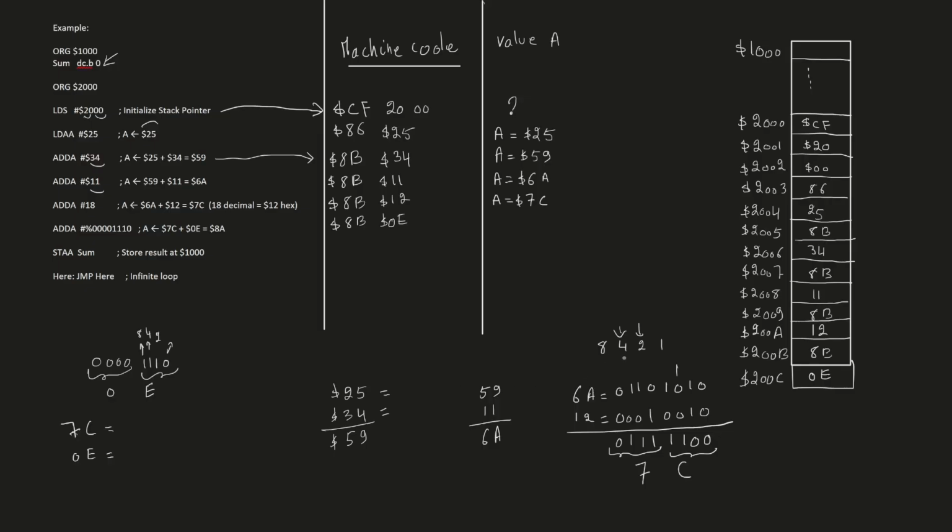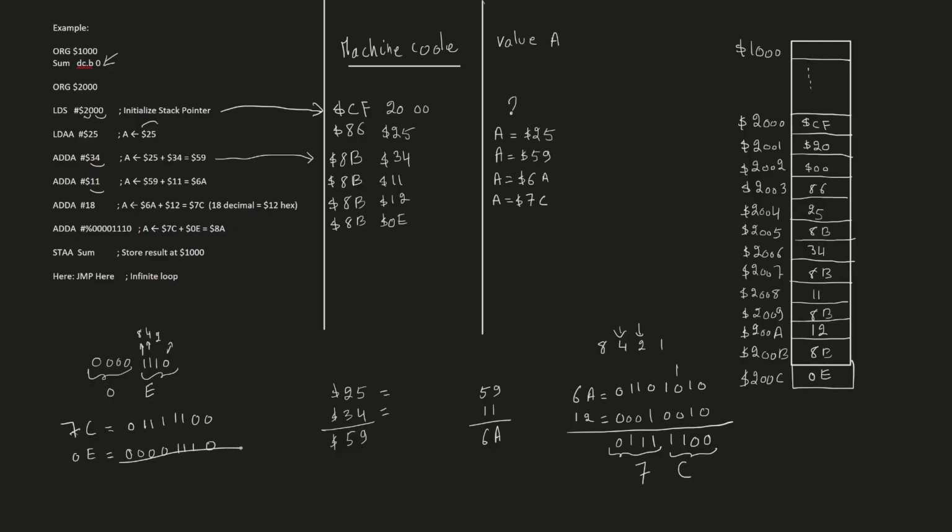So for number 7, you get 4 plus 2 plus 1, which is 0, 1, 1, 1. And letter C, we have it here, 1, 1, 0, 0. For 0E, the 0 is 0, 0, 0, 0 in 4 bits. And then letter E is from here, 1, 1, 1, 0.